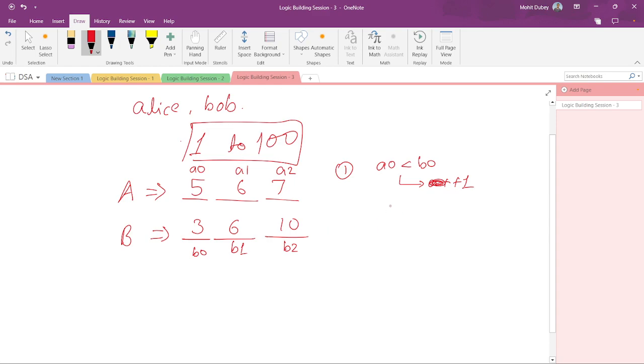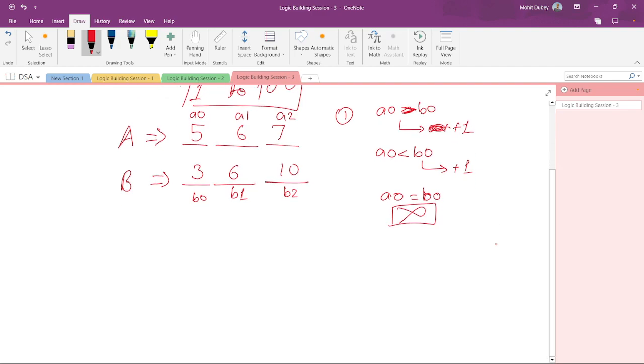No, I think here it should be greater. If Alice's point is greater, then Alice is awarded 1 point, and if Alice's point is less than Bob's point, then Bob is awarded 1 point, right? And if a of 0 equals b of 0, then no point to Alice and Bob, right?